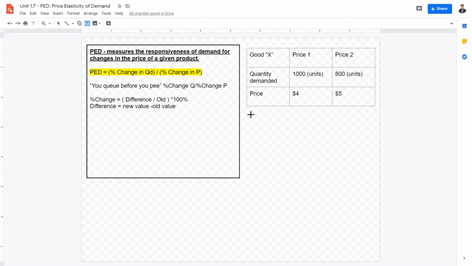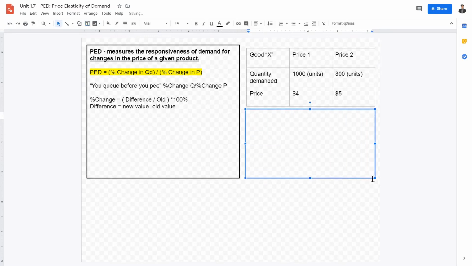So having these figures, how do we calculate the PED for good X? The first thing you want to do is calculate the percentage change in both price and quantity demanded. So let's do the percentage change in QD first.